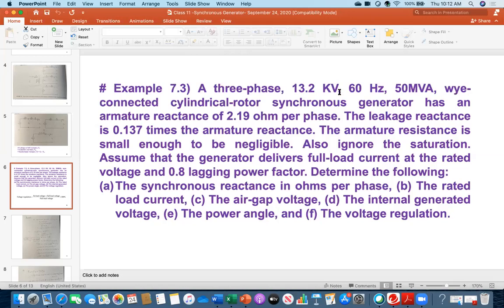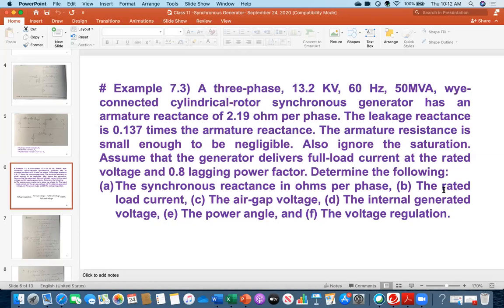So when it does not say anything, by default, it is standard practice in power networks that this voltage is line-to-line voltage. But the other quantity, look here, armature reactance, clearly says ohm per phase. Similarly, the leakage will be ohm per phase. But these, the rated values, are line to line. Just keep in mind.